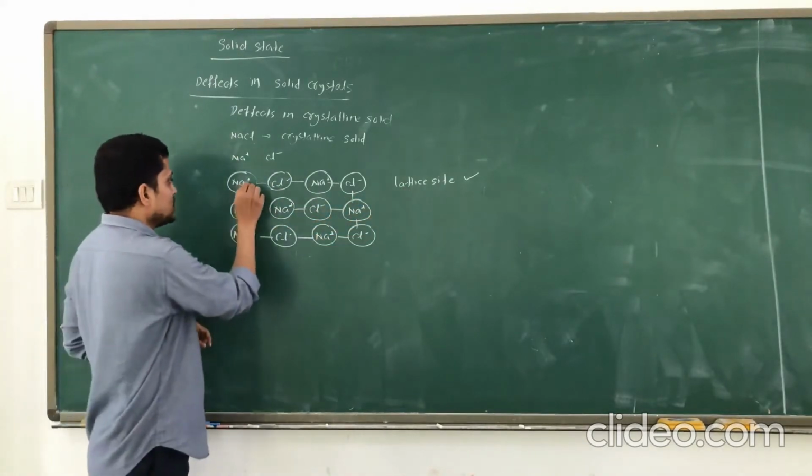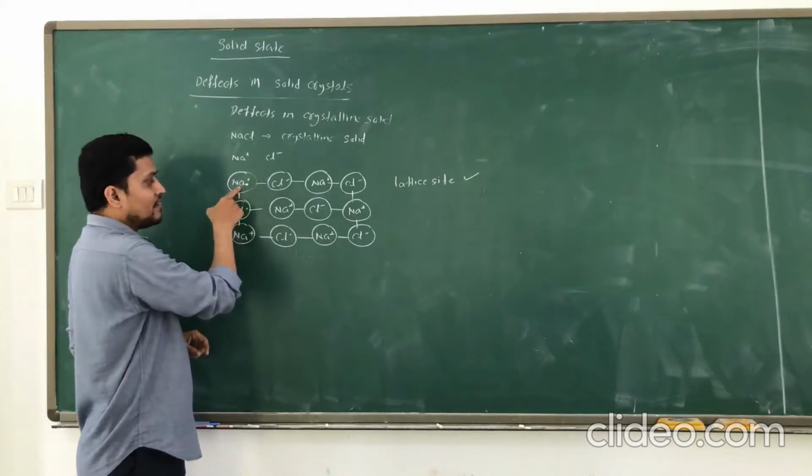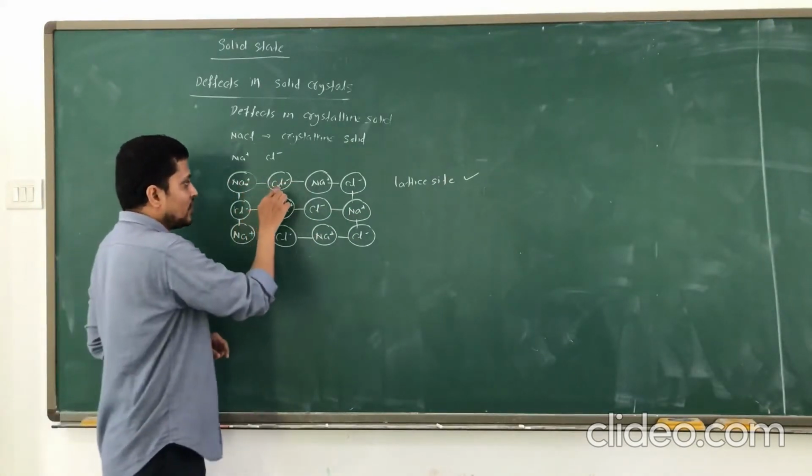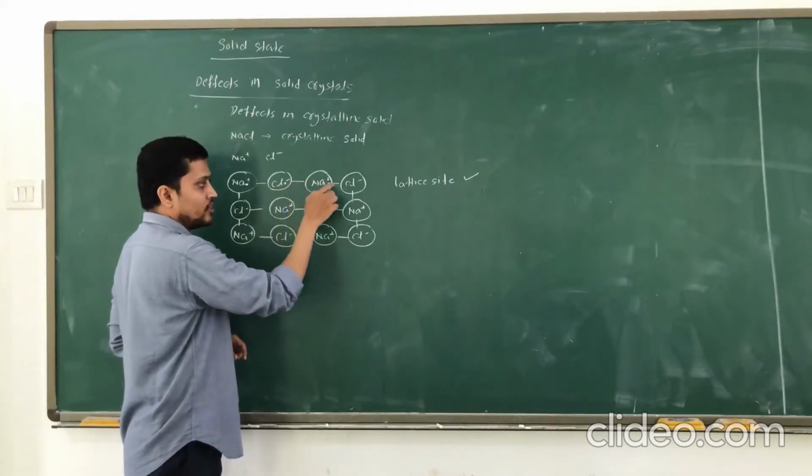Suppose this is a point where we have one ion, and this is a second point where we have a Cl minus ion, then a third point, a fourth point.